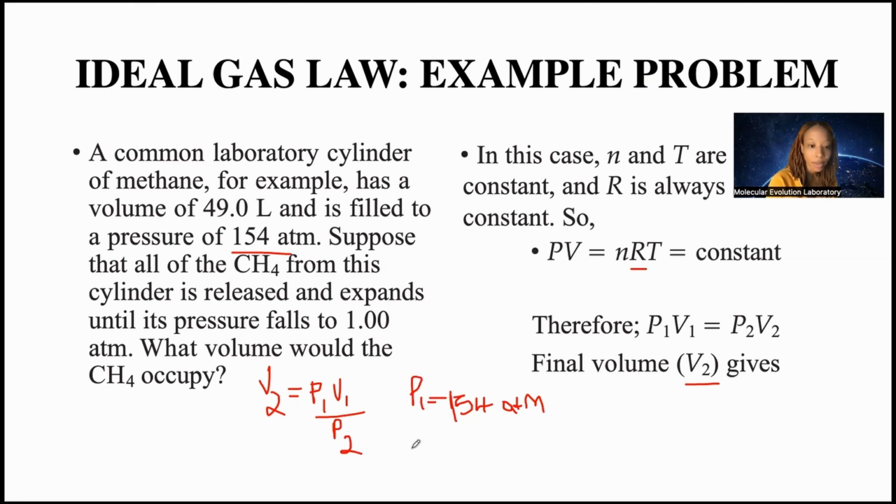V1 is 49 liters. And remember that if the pressure is expressed in atmospheres, the volume has to be expressed in liters as well. So we know that P2 is 1 atmosphere as well.